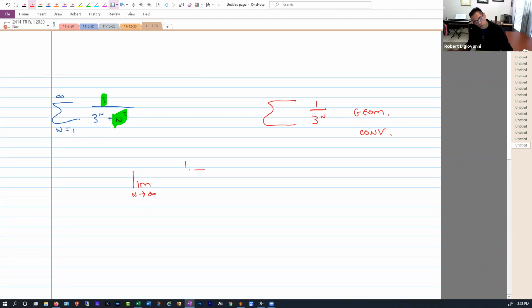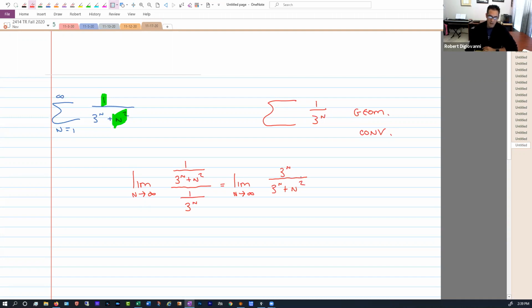So I take 1 over 3 to the n plus n squared over 1 over 3 to the n. I flip, I reciprocate things. I get 3 to the n over 3 to the n plus n squared.